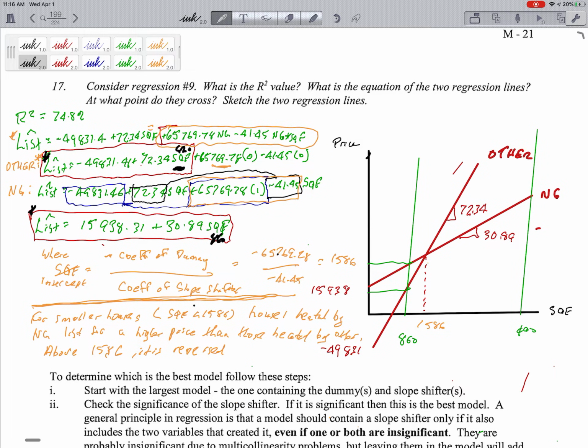And then for houses heated by natural gas, the price increases by $30.89 per square foot. And for houses heated by other means, the price will increase by $72.34. And those, of course, are the slopes of the regression lines.